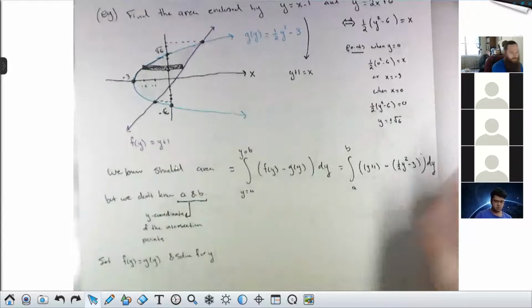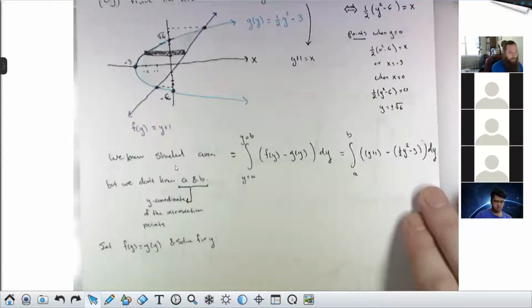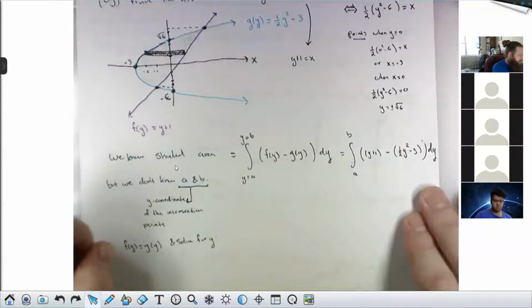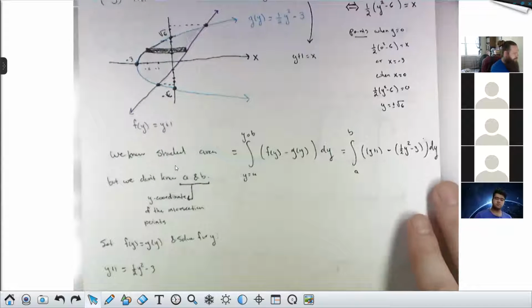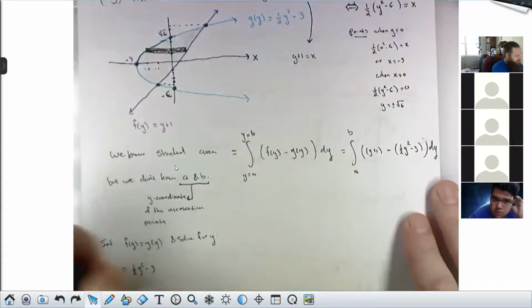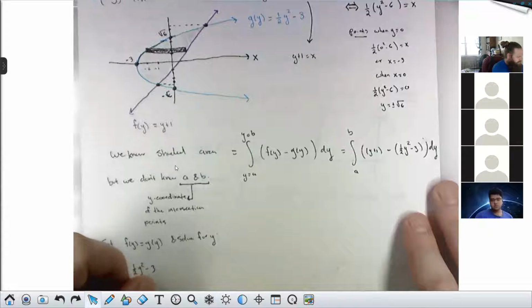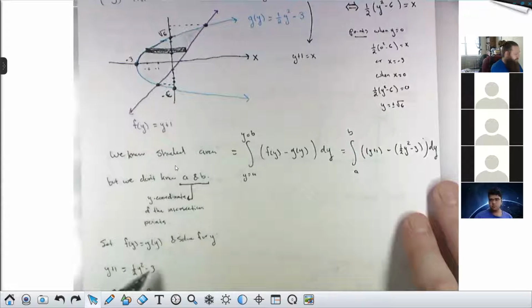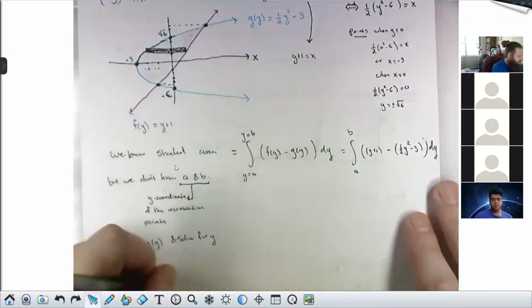Okay, so that's what I'll do here. That means I'm setting y plus 1 equal to 1/2 y squared minus 3. We can multiply everything by 2 if we want, and we can pull everything to one side. So this is going to look like 0 equals y squared minus 2y, and then I would have minus 6 from this and minus 2 when I pull this over. So that's minus 8.